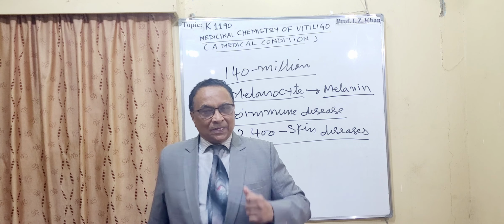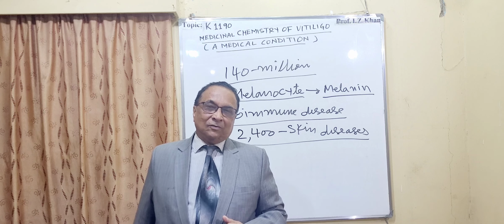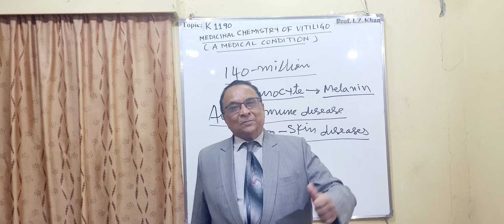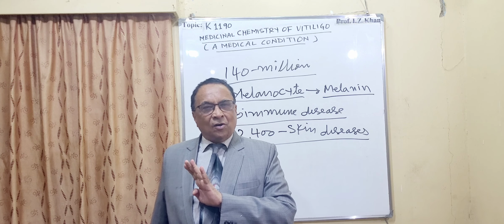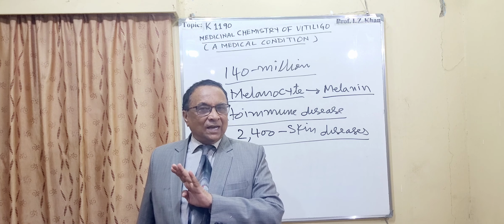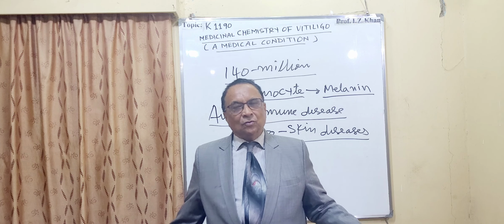They will not accompany them, they will not touch them, they will not share any food with them, giving the impression that he is untouchable. That is a very, very wrong myth and misconception. He is equally good like you.